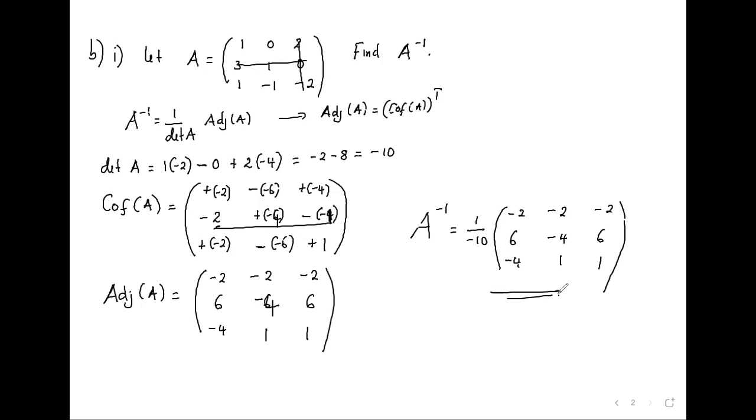Do you have to finish it, or is it okay to leave it like that? When you say finish, what do you mean? Maybe you have to multiply the 1 over 10 by each one of the numbers in the matrix. That's why I'm saying this is complete the way it appears. So we have finished it. Multiplying inside does not change anything.